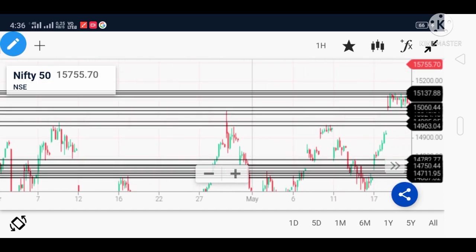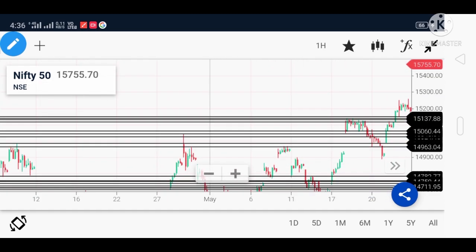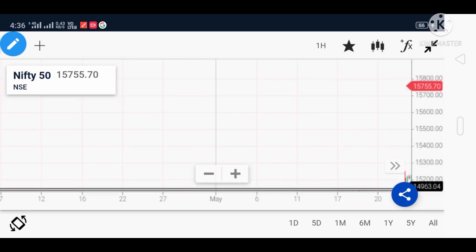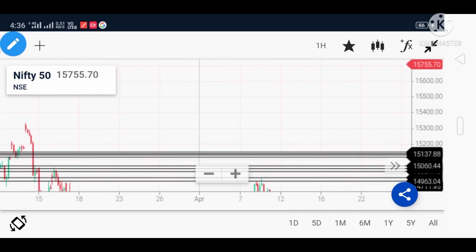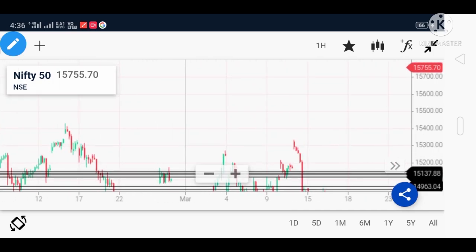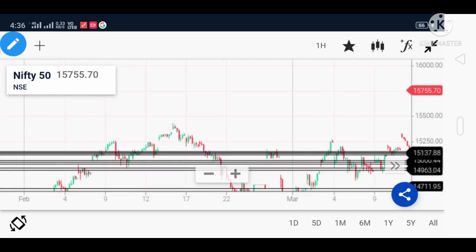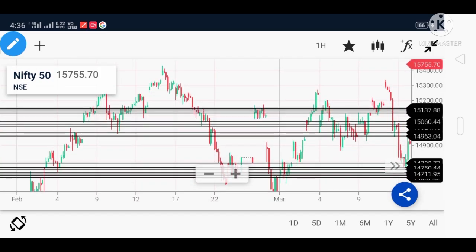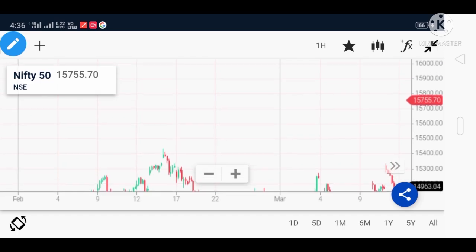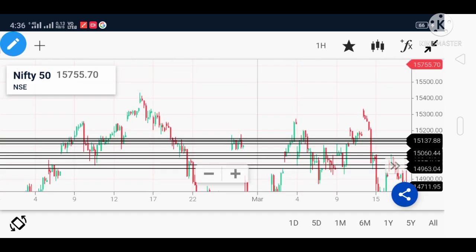Now let's mark the upper ones above 15,200. Yeah, so above 15,200 we can't see any candles, right? So let's go back. Here you can see a few candles around 15,400 in past times in the month of March.